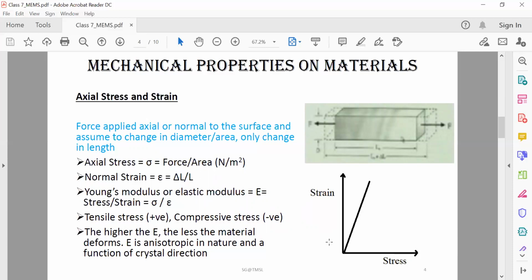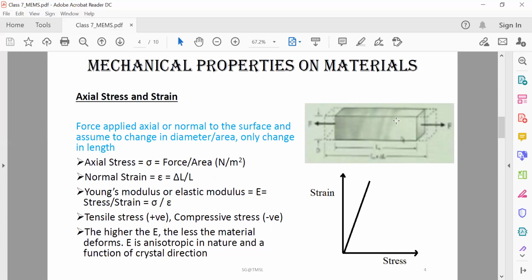So what is the difference between axial stress and strain and shear stress and shear strain? In this slide, axial stress and strain is described. For example, here this is a rectangular bar.